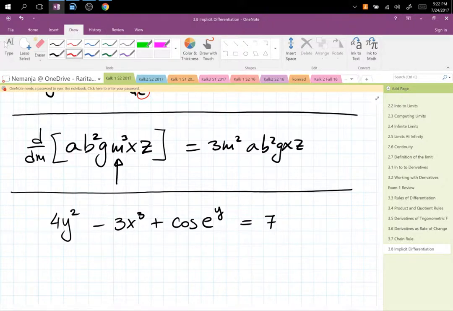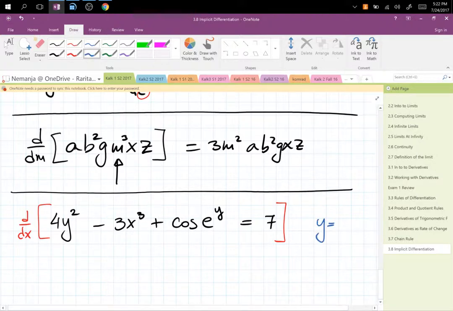And I'm taking the derivative of this in respect to x, d dx. This d dx is the instruction. It says take the derivative of the entire problem in respect to x. X is a variable. Y is going to be a dependent variable on x. So we know on the side that y is equal to f of x.